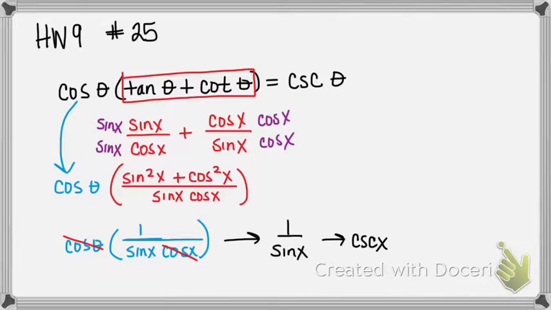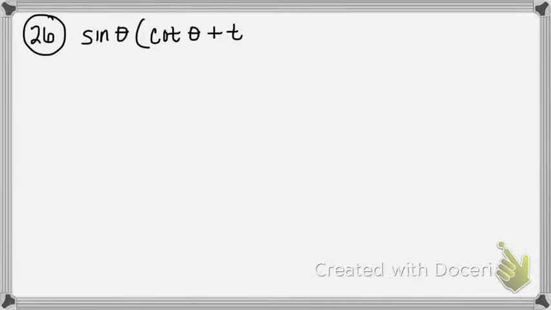But I will write the question up for you. Number 26 is just like number 25, but it says the sine instead of cosine is multiplied by cotangent plus tangent. So it's all the same steps that you just did, except now it equals secant. So you can verify that one pretty easily on your own.